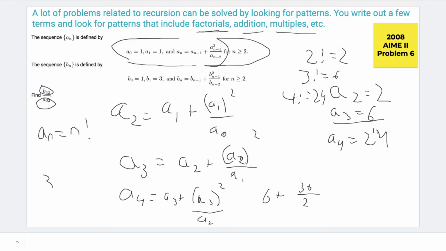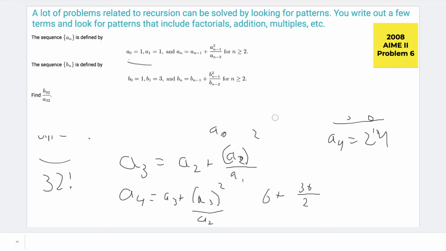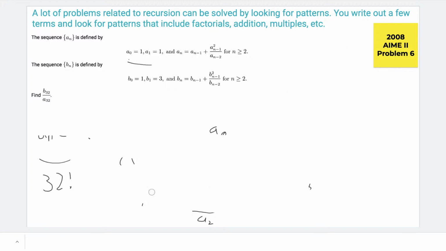Now let's explore the b terms. We look for a pattern, and clearly the b terms look pretty similar to the a terms, so it's most likely related to factorials. We know b of 1 equals 3.